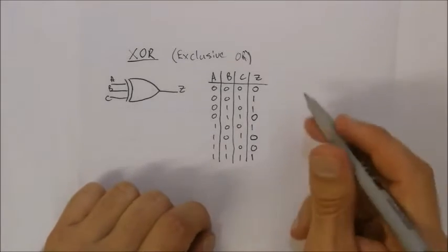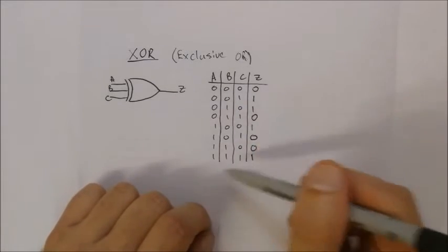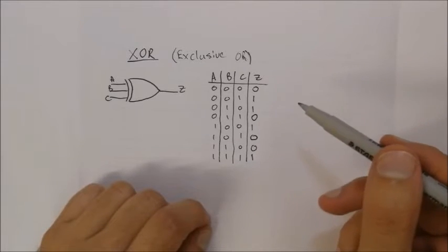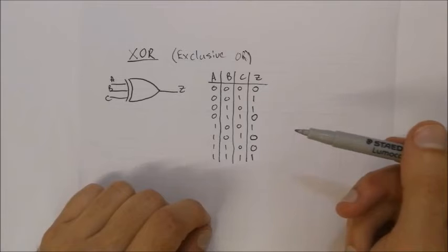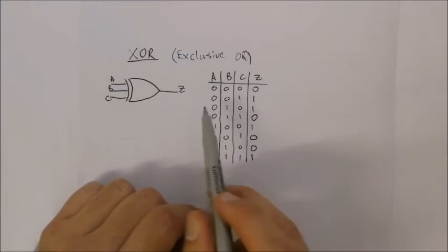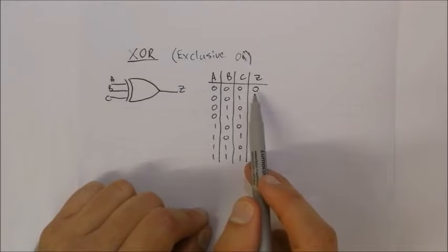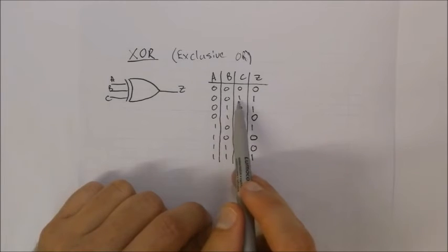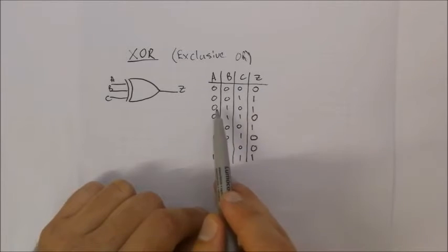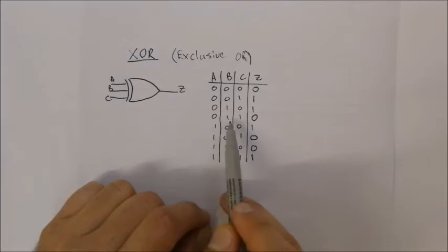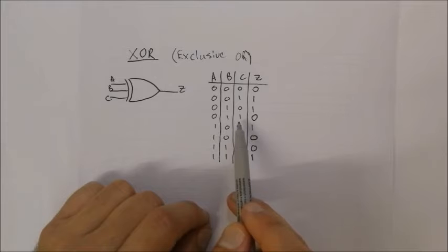Now have a look at this. This is something that you've actually come across in your binary notation with the addition of binary numbers. 0 plus 0 plus 0 is obviously equal to 0. 0 plus 0 plus 1 is equal to 1. 0 plus 1 plus 0 is equal to 1. 0 plus 1 plus 1 is equal to, what's that equal to?